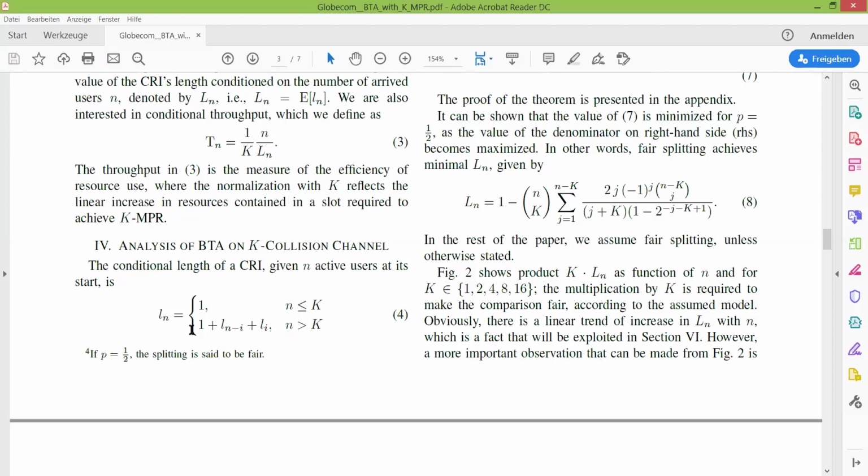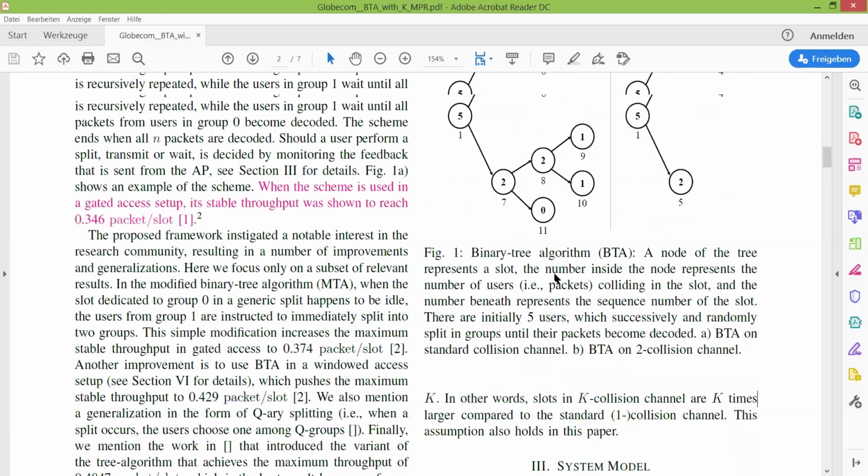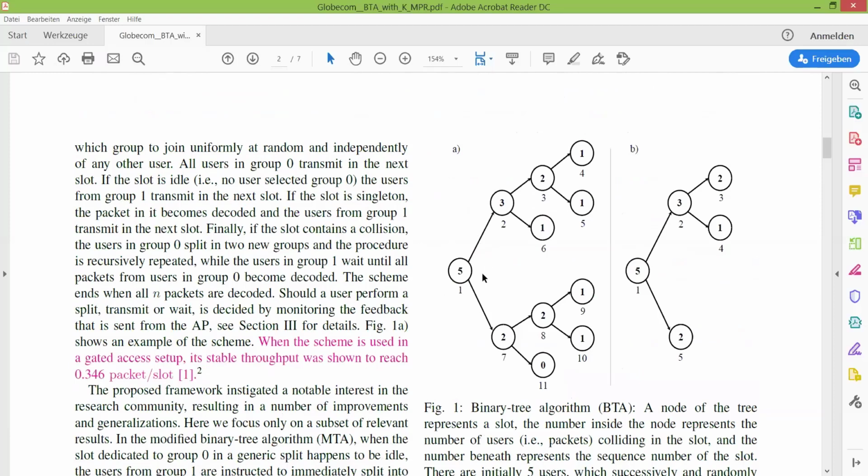If it's larger than k, which means it's a collision, if n is larger than k, then you have to start 2 new trees. Okay? So basically, this is simple and super easy to understand. You have 5 users, and then it's a collision.